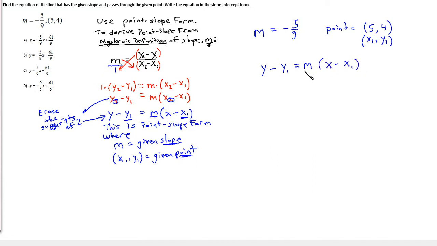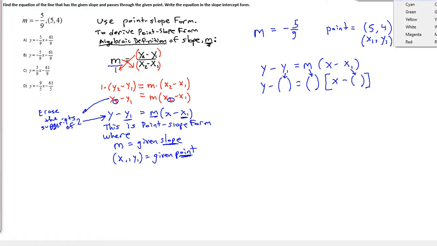Now I'm going to make room. We're going to use parentheses for substitution. I'm making room for the y1 value from our point, for m, I'm going to upgrade parentheses to brackets. Here's this x. The reason I did that here is because I want parentheses to put an x1 value in. Now we're all set to make substitutions with our given information. We can go in any order.